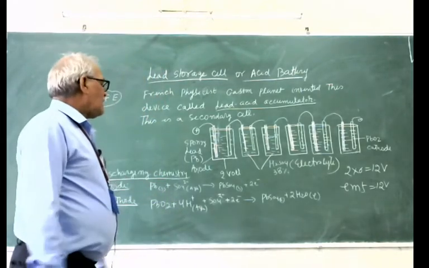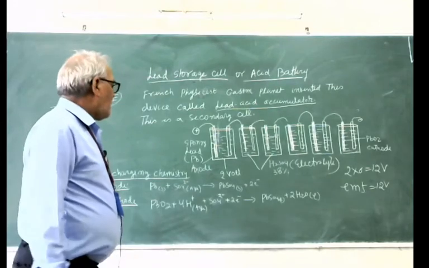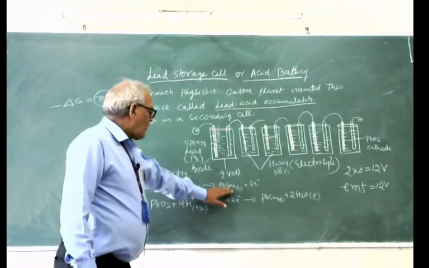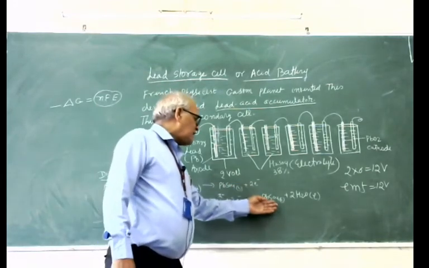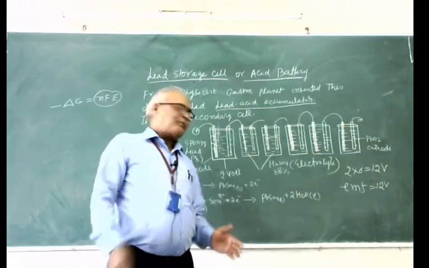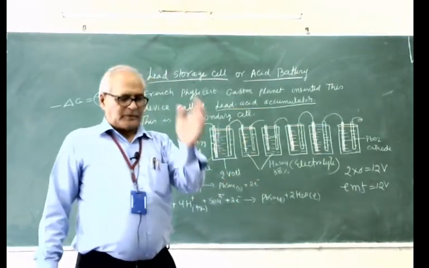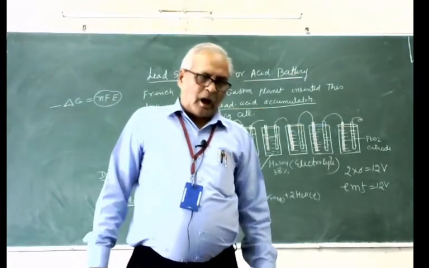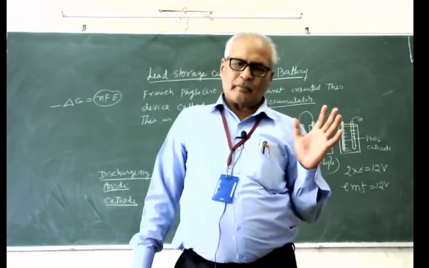It is very surprising that lead sulfate is formed at the anode as well as at the cathode. So deposition of the lead sulfate at anode and cathode takes place. And this lead sulfate is an insulator.